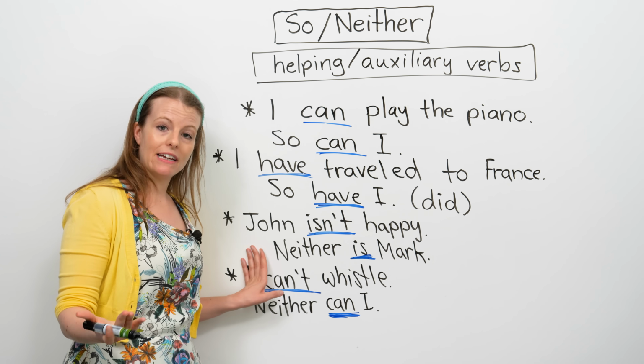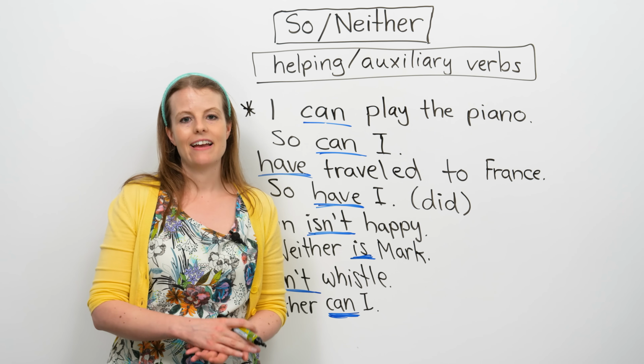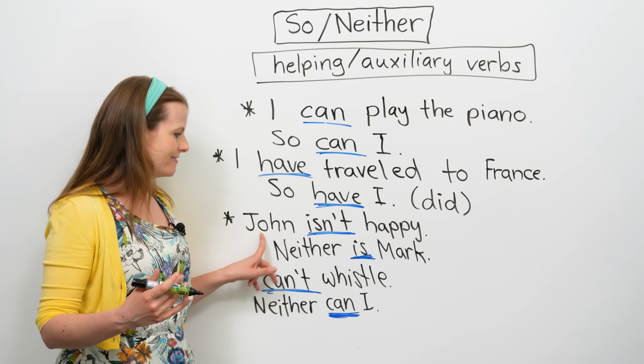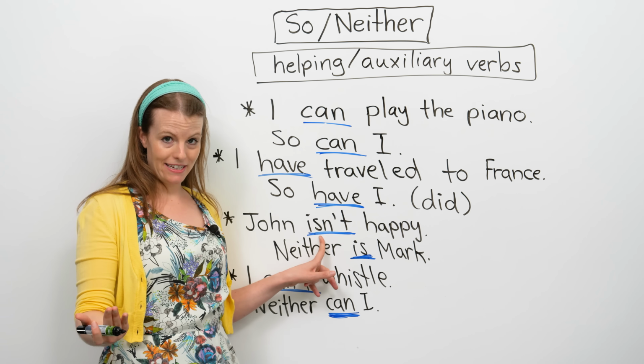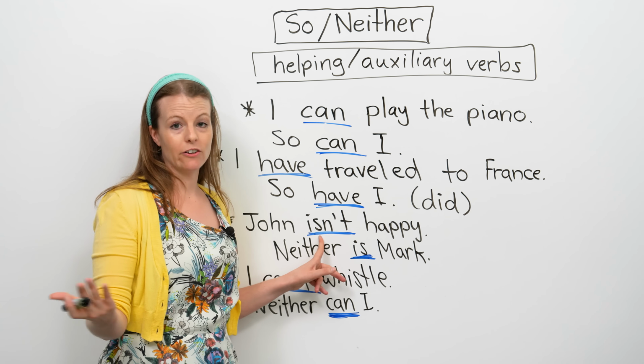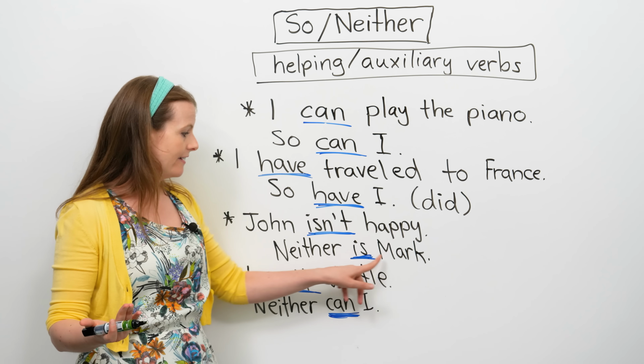You also do the same thing when we have the verb is or are and isn't. So for example, in this case, John isn't happy. Maybe I want to talk about my friend Mark, who also isn't happy. I can say, neither is Mark.